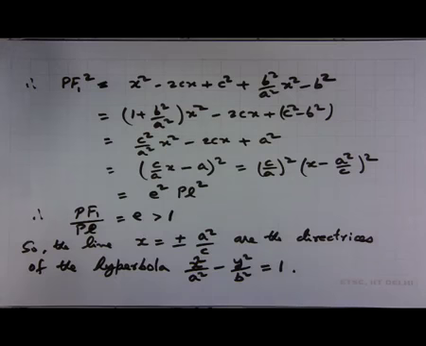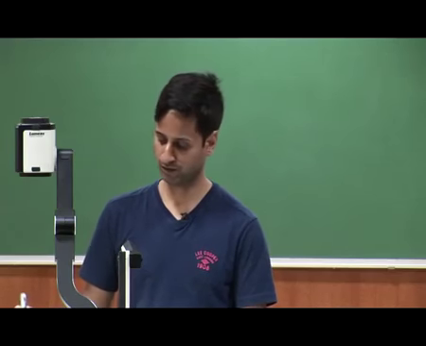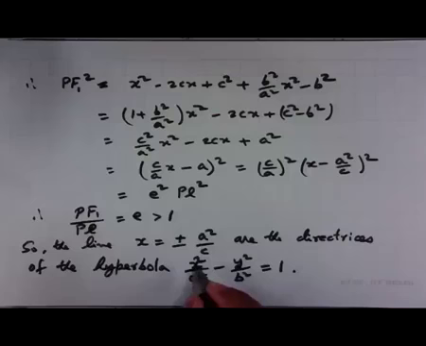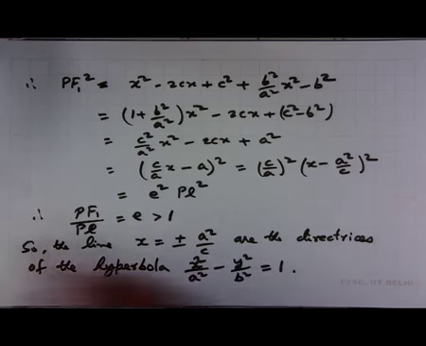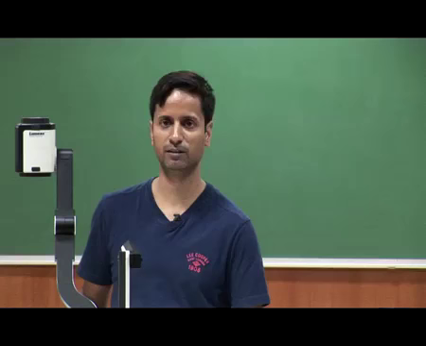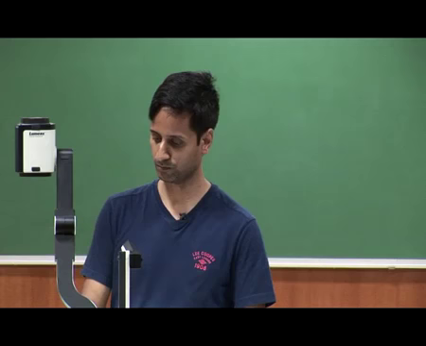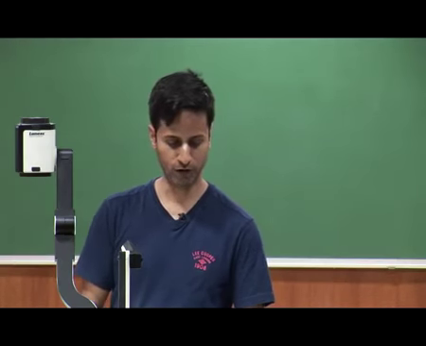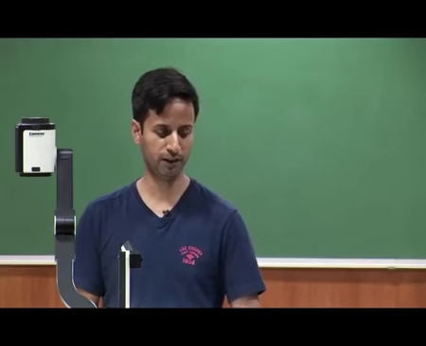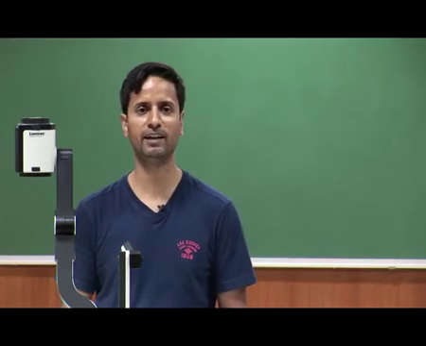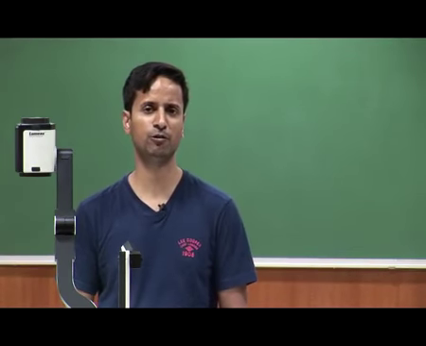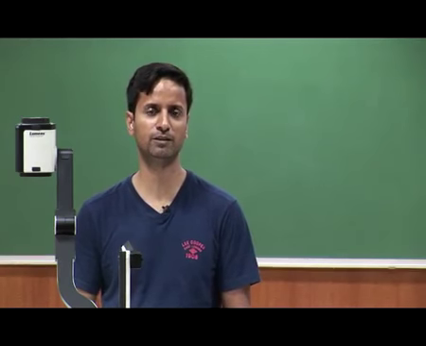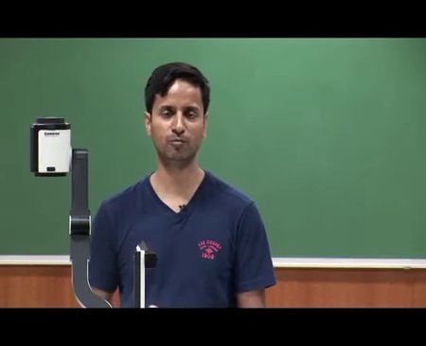If we take the hyperbola with foci on the y axis, if we take y square by a square minus x square by b square equal to 1, then the directrices will be the lines y equal to plus minus a square by c. So, again just like ellipse, we get the equation of the directrices given by x equal to a square by c and x equal to minus a square by c in this standard form.